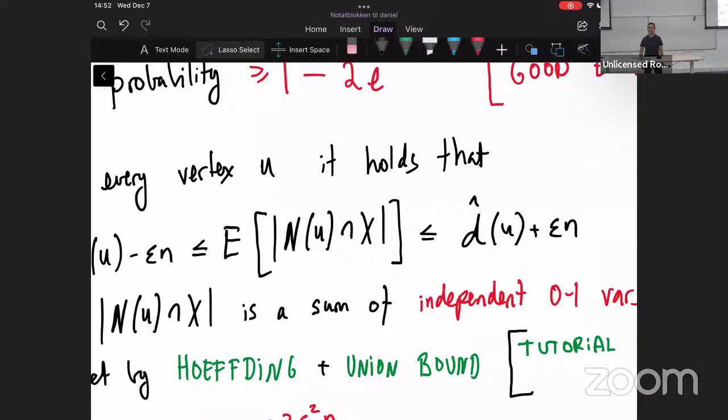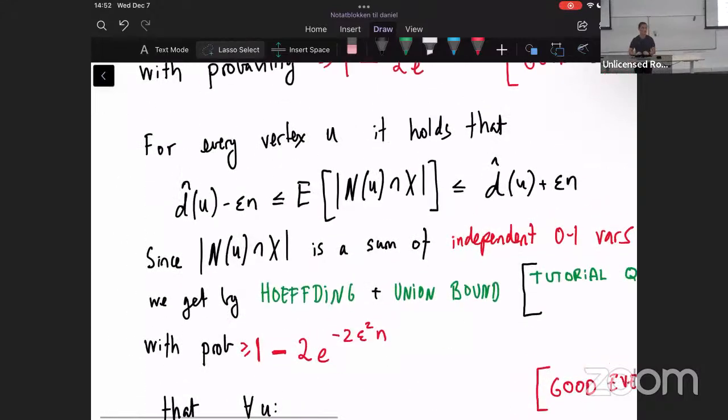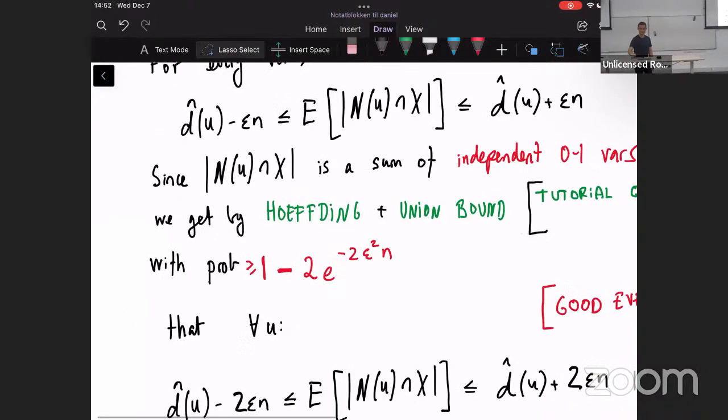And now again, Hoeffding tells me that you're going to be close to expectation with high enough probability that if I take a union bound over all the vertices, they are no more than another epsilon n off from this bound with high probability. And I'm not going to do it. I tried to do it last time. It went terribly.